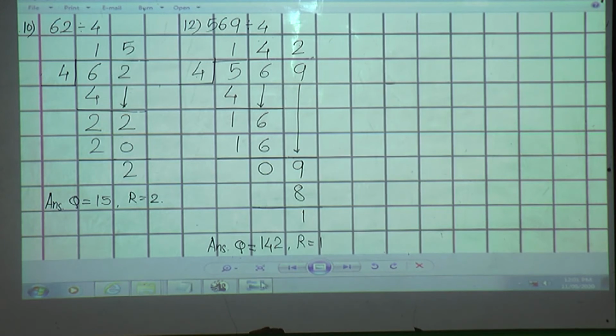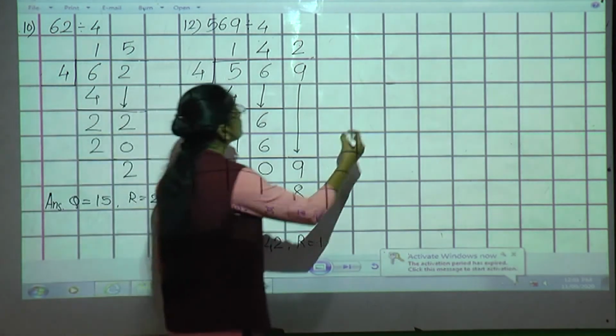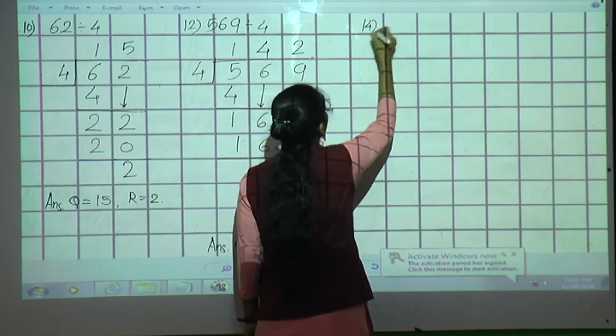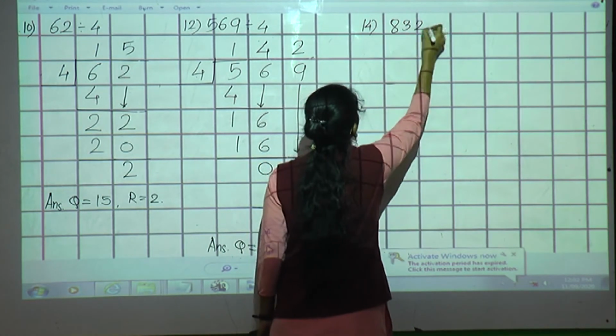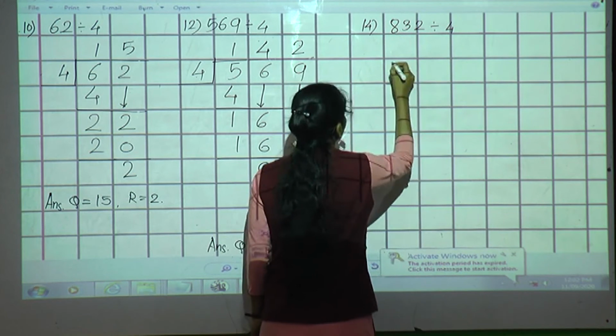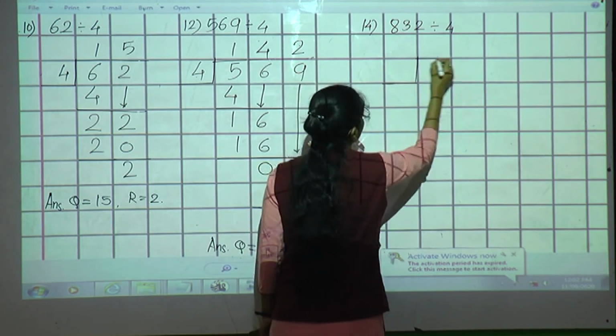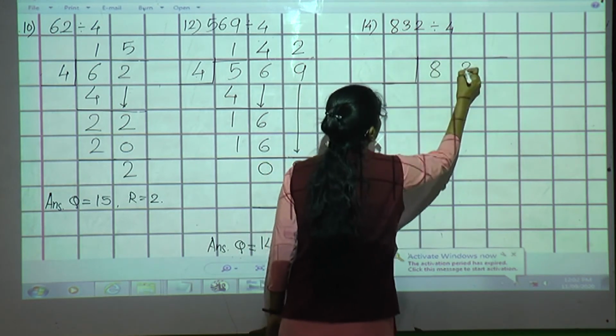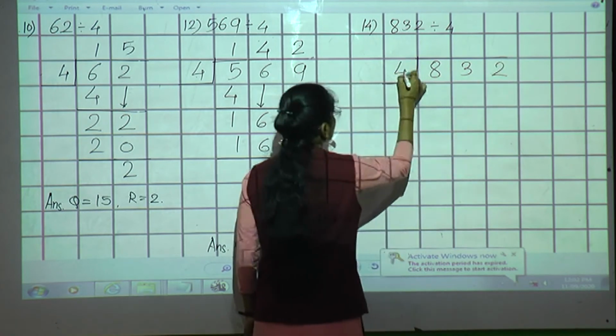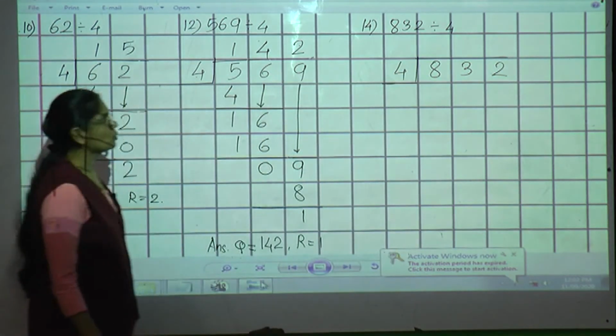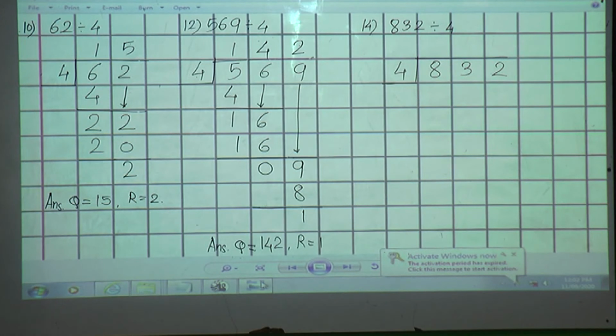Now we'll move to the next, that is the 14th number. 832 divided by 4. 832 is a 3-digit number.